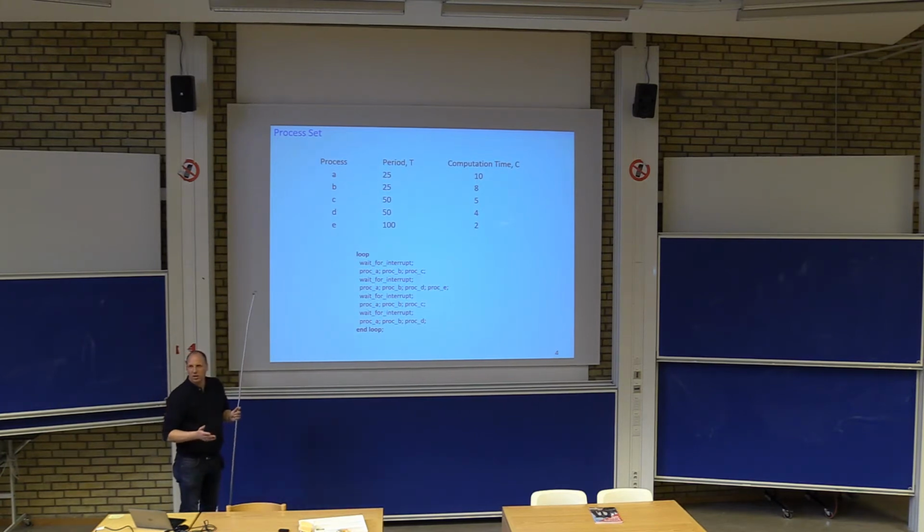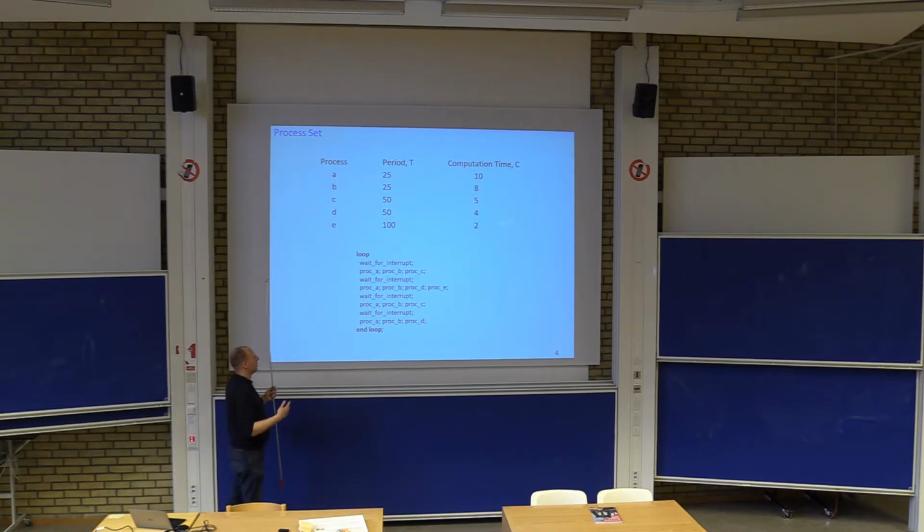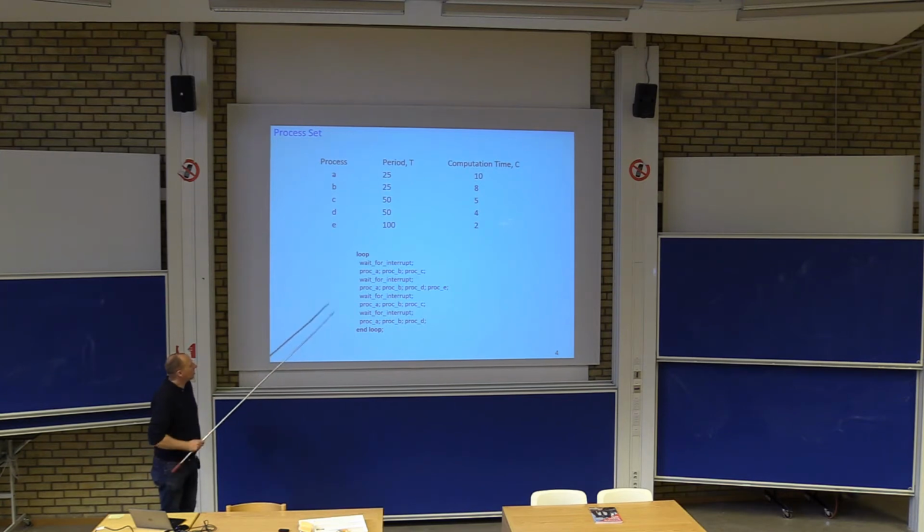But on the other hand, you can have these strange behaviors as we discussed last time, priority inversion, and you need priority inheritance and so forth. But with this approach, you know how it will behave.